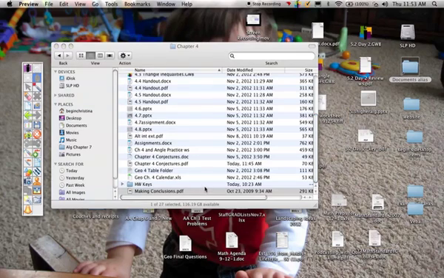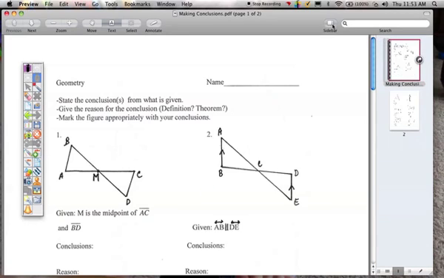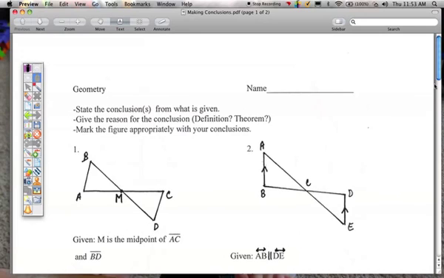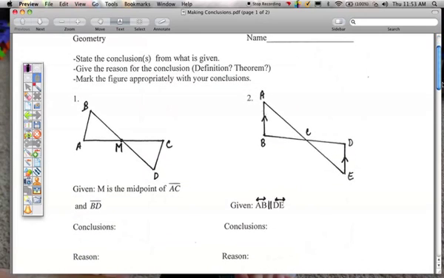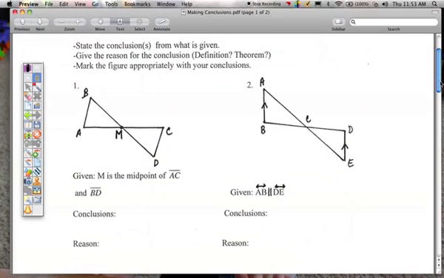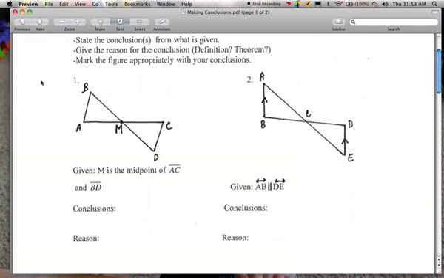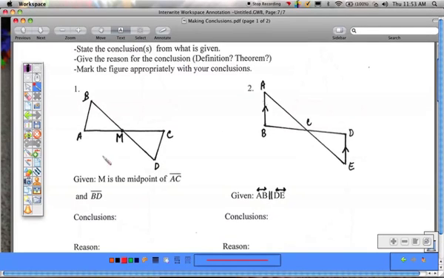So there's this worksheet called Making Conclusions. All right, so first step, state the given, give the reason, and mark the figures appropriately. So we'll do a couple together, but your assignment will be to complete this. So the first one, M is the midpoint of AC, so you have to mark what's true. So the midpoint of AC, these two are congruent. M is the midpoint of BD, so these are congruent. All right, so we want to use one of those theorems.